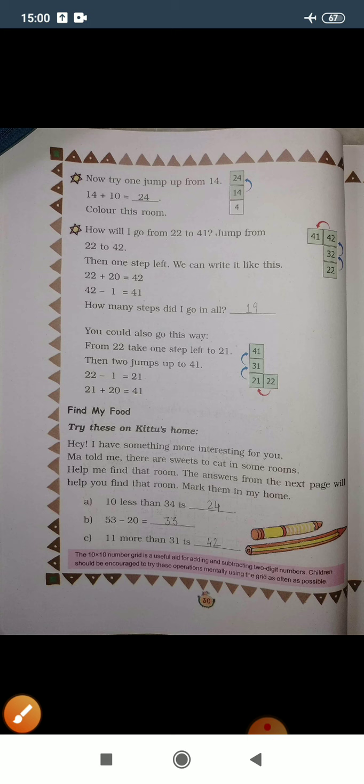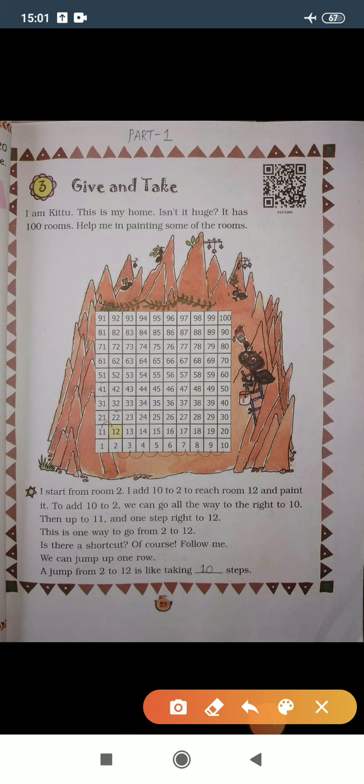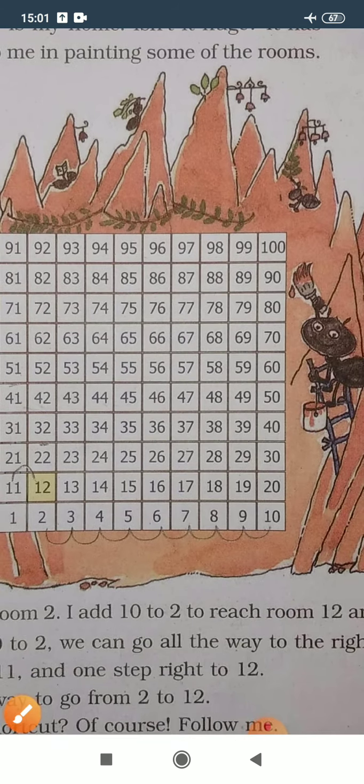We can see in this picture what has been written: one jump up from 14. In this picture, 14 is here, and jump up from 14, up means upward, so the jump reaches 24.